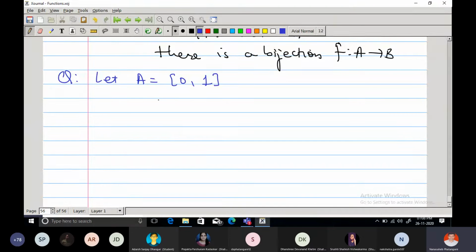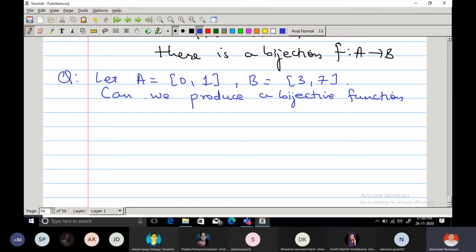Can we produce a bijective function f from (0, 1) to (3, 7)? Is the question clear? Yes, the question is clear.